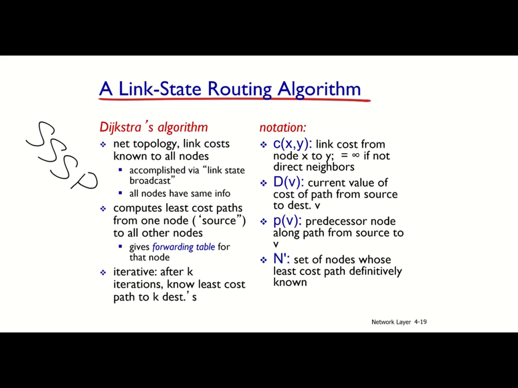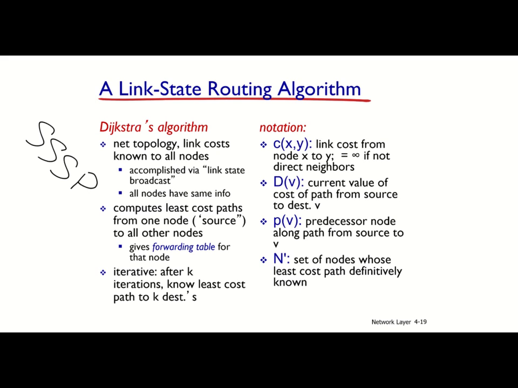After k iterations, the nodes in the graph know their shortest path, or least cost path, to the source that is given by the problem. To explain the Dijkstra algorithm, you have to know some notations. C of x and y shows the link cost from node x to node y, and D of v is the current calculation of the cost of the path from the source node to the destination v.